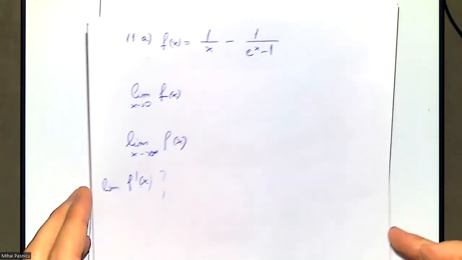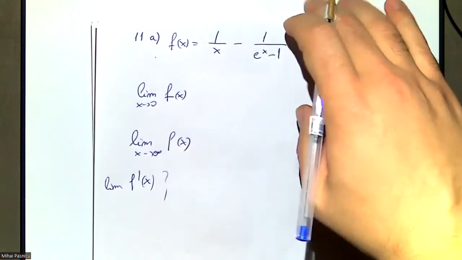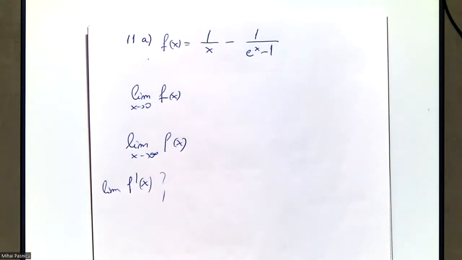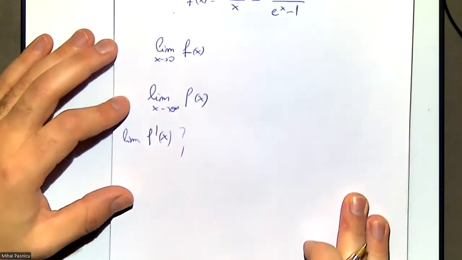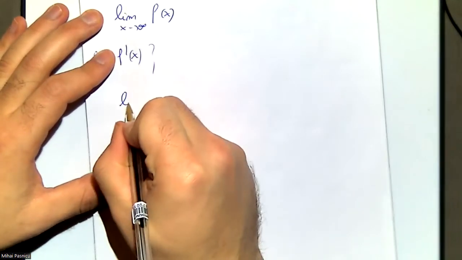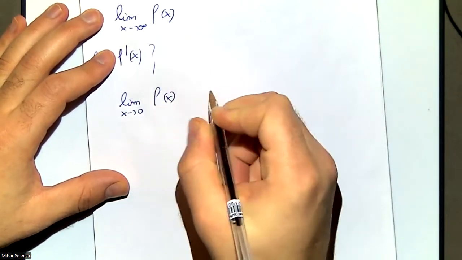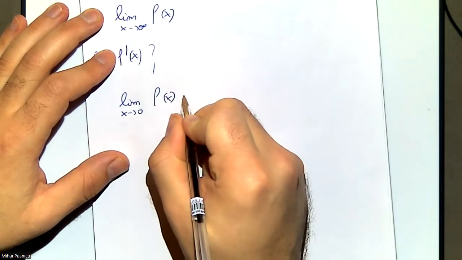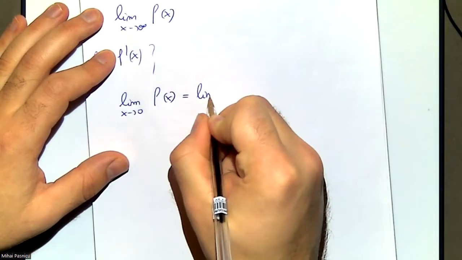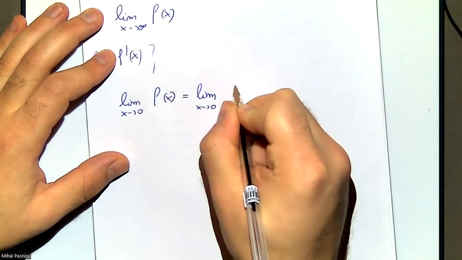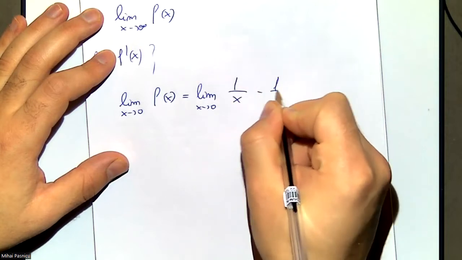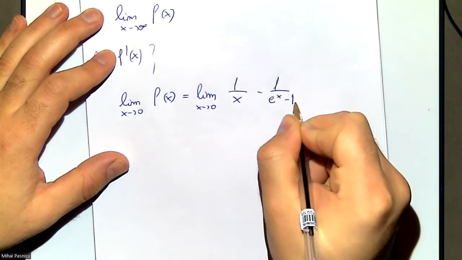This is my problem. Let's see where we're at. First one. Limit when x goes to 0 of f of x is equal to limit when x goes to 0 of 1 over x minus 1 over e^x minus 1.